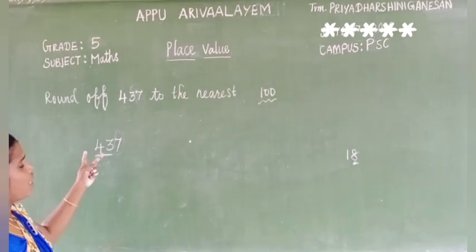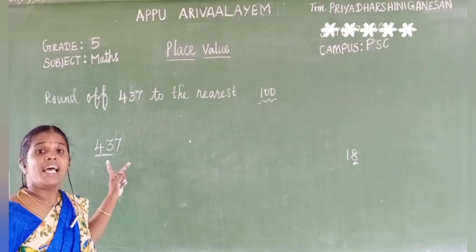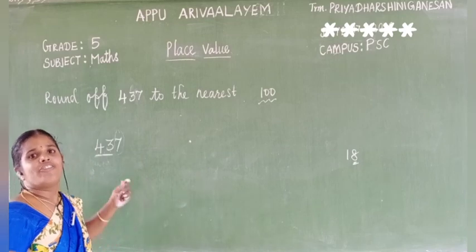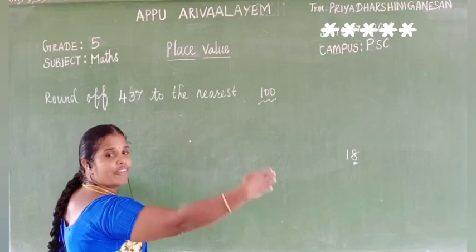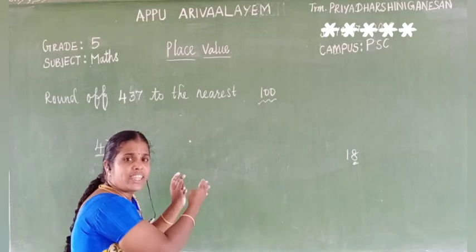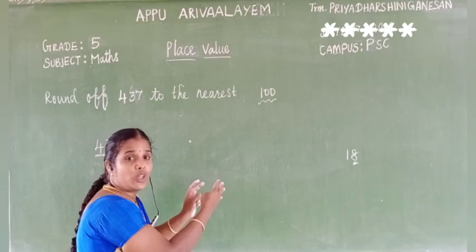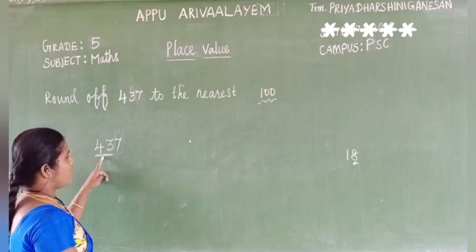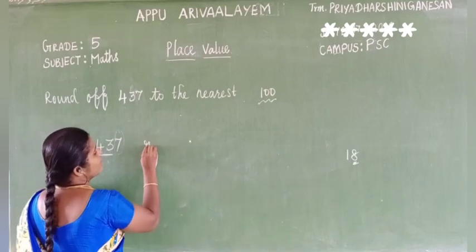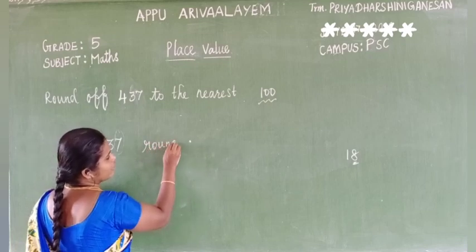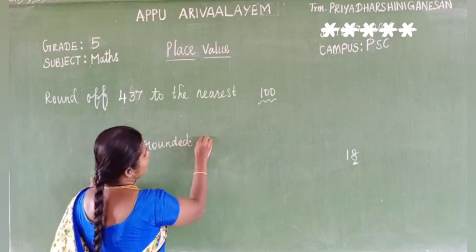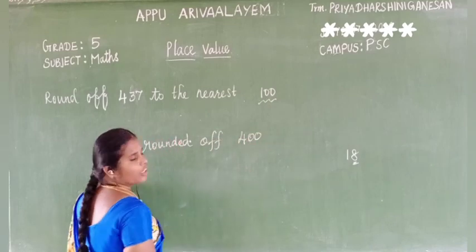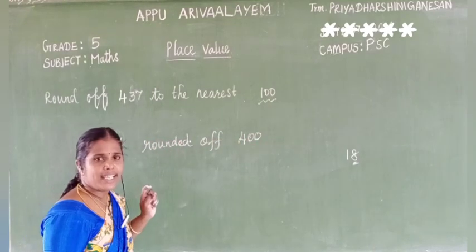I mean 437 lies between two hundreds, 400 and 500. So 437 is closer to 400. So 437 is rounded off to 400. Okay children, do you understand?